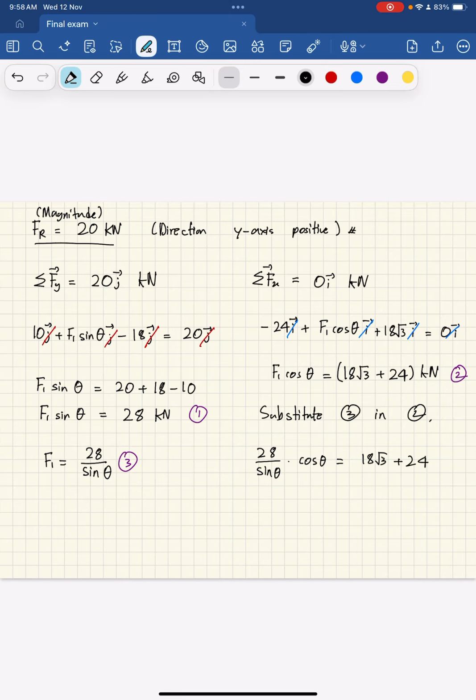So we know that cos over sine theta becomes 1 over tan theta, or cot theta. So cot theta equals 18 root 3 plus 24 over 28, and cot theta is 1 over tan theta, which is cos theta over sine theta.